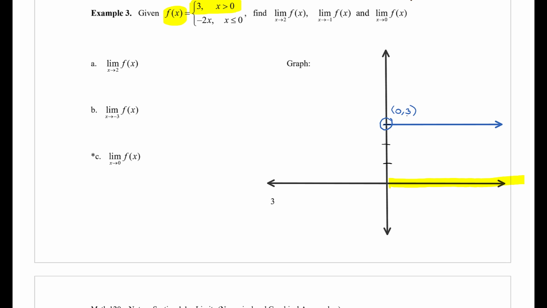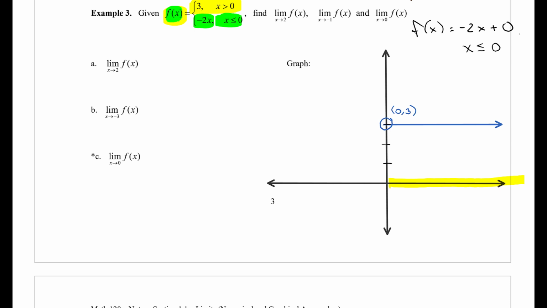Now I'm going to draw f of x equals -2x, and I'm going to highlight the -2x part and the inequality that represents our domain for that piece, which is x is less than or equal to 0. I'm going to write that up here above my coordinate plane. f of x equals -2x plus 0.